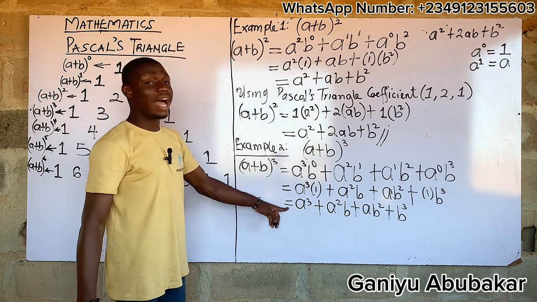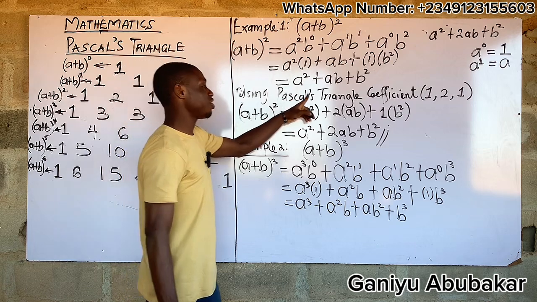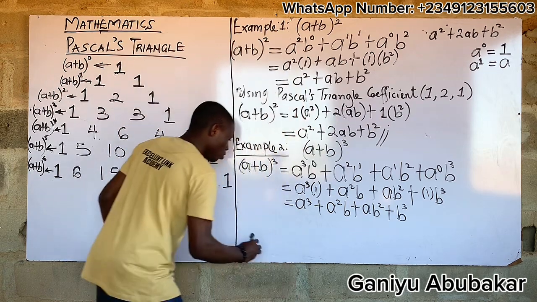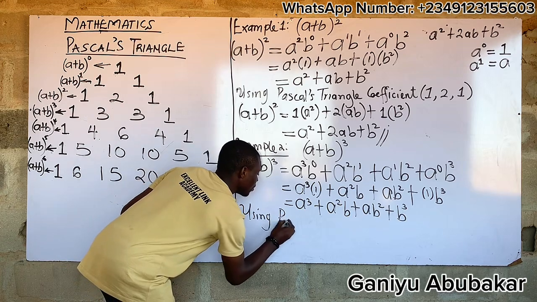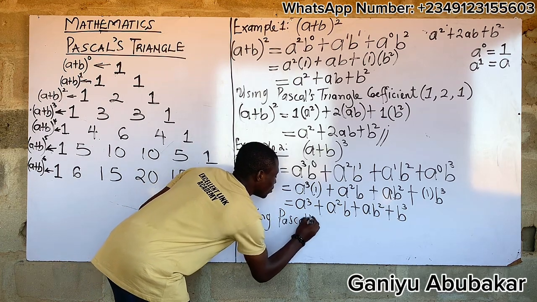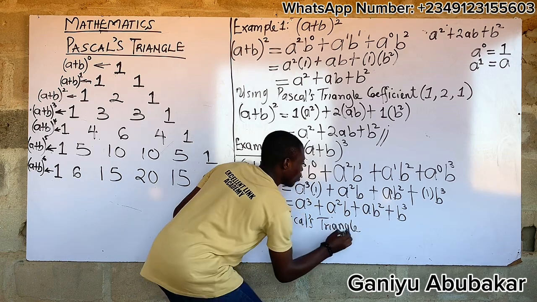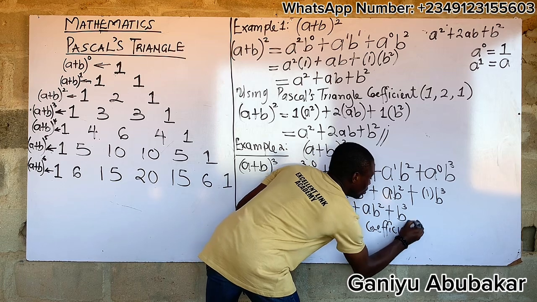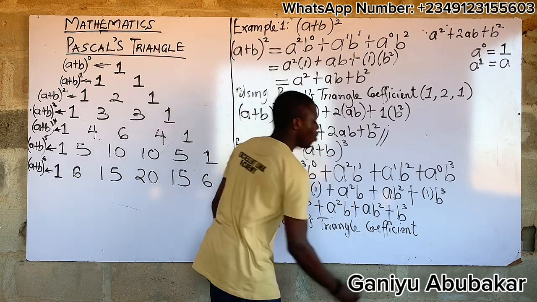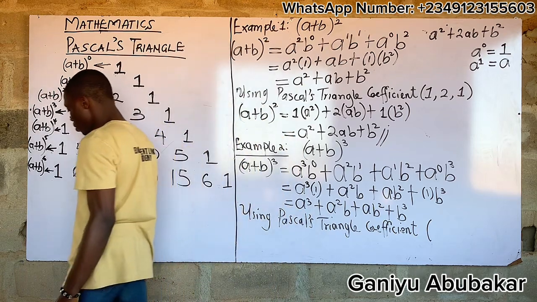I can't leave my answer in this form. What next? Using Pascal's triangle coefficient. So at this point, using Pascal's triangle coefficient, if I use my coefficient, what do I get?